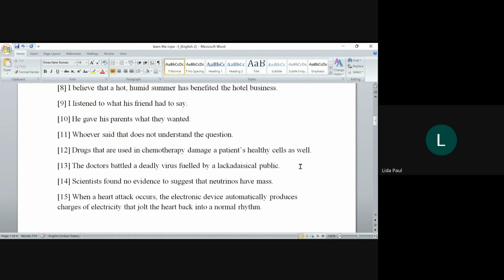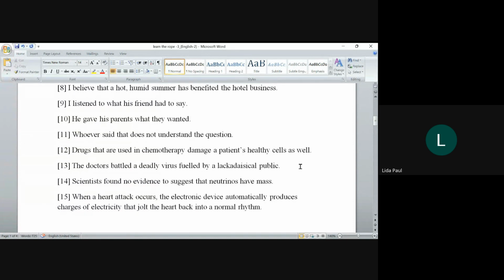What's the main verb of the sentence, what's the subject, what's the object? Fueled is the verb, ma'am. Fueled by a lackadaisical public, right? That part is your subordinate clause.